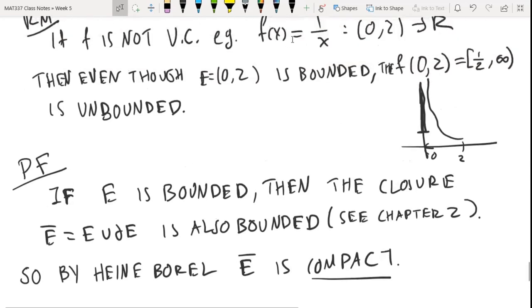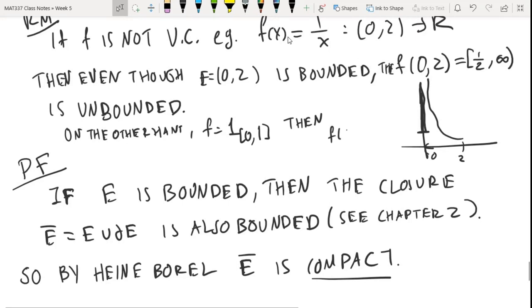So on the other hand, you know, just take f equal to any discontinuous function like on (0, 1), then f of (0, 2) is bounded. And then let me see.